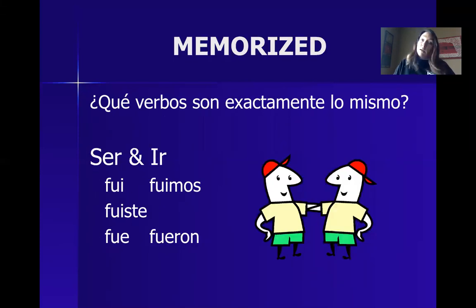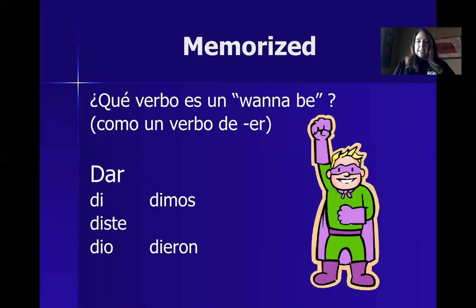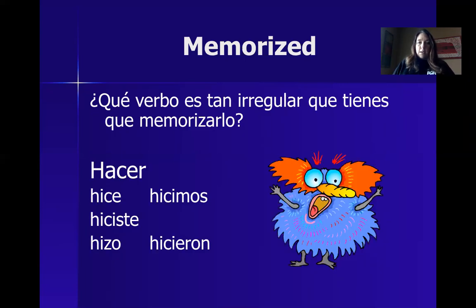Remember, ser and ir are our twin verbs, the memorized: fui, fuiste, fue, fuimos, fueron. The next sheet, number 2, is with ver and dar: vi, viste, vio, vimos, vieron, and di, diste, dio, dimos, dieron. The third practice sheet is with hacer: hice, hiciste, hizo, hicimos, hicieron. I don't have plans for you to hand this in, but I think some of you might need a little practice with it.